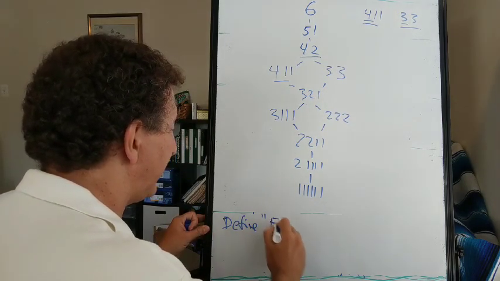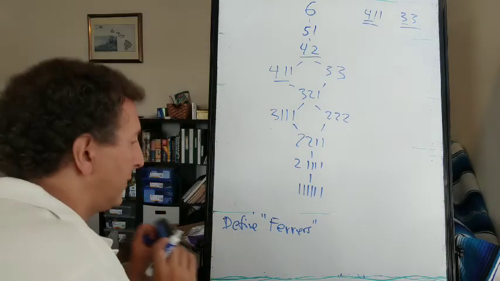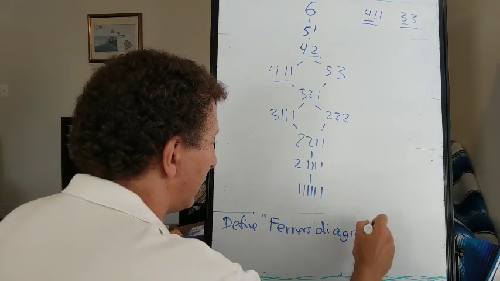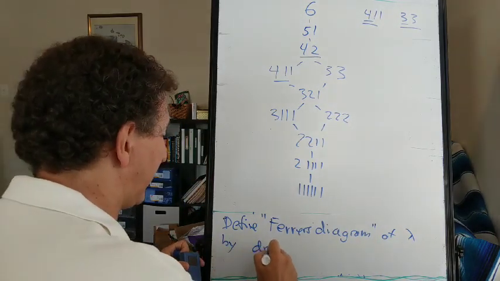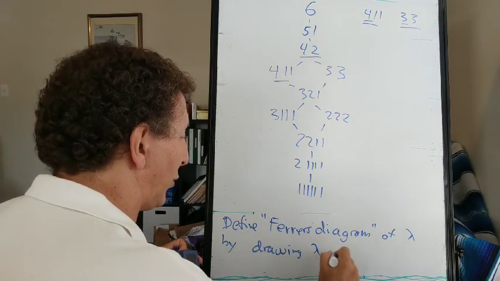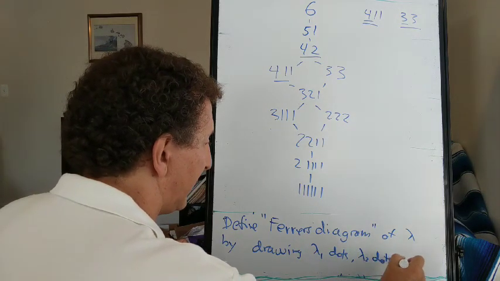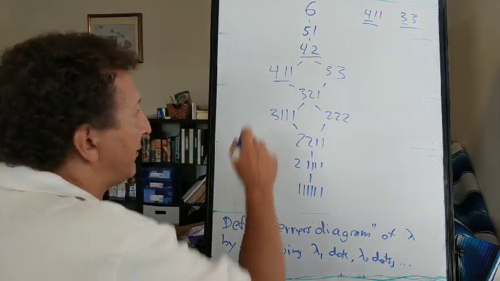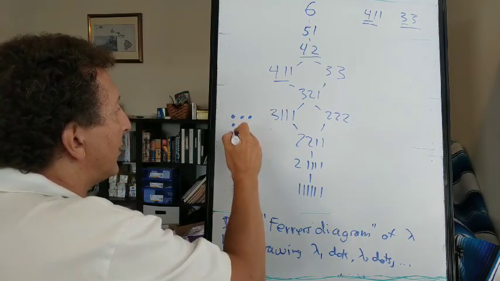So we define the Ferrers diagram of lambda by drawing lambda 1 dots, lambda 2 dots, etc. So the Ferrers diagram of 3, 1, 1, 1 would be 3 dots, 1 dot, 1 dot, 1 dot.